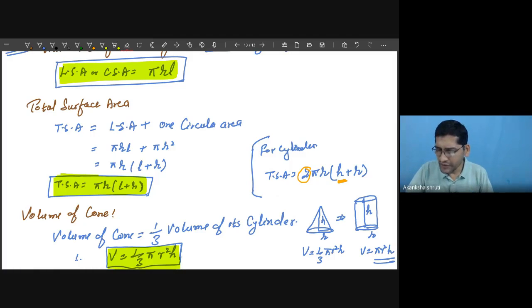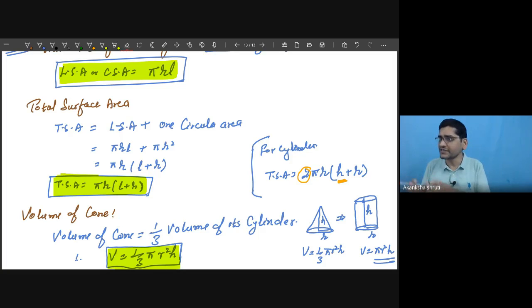But in your book at your level, you have to just understand that if you take the water in this cone and put it into the cylinder, then you are able to place 3 times the volume of water in that cone into the corresponding cylinder.